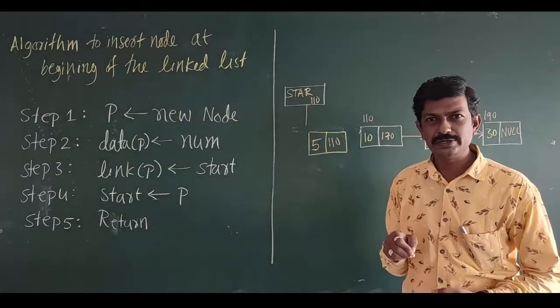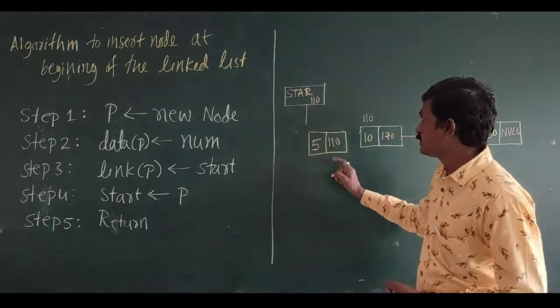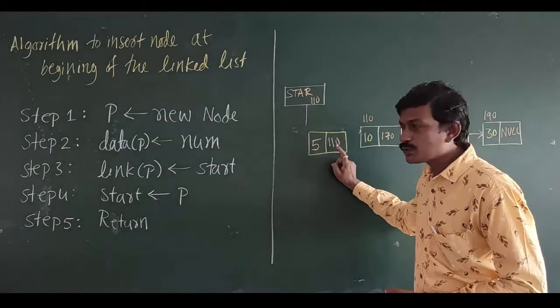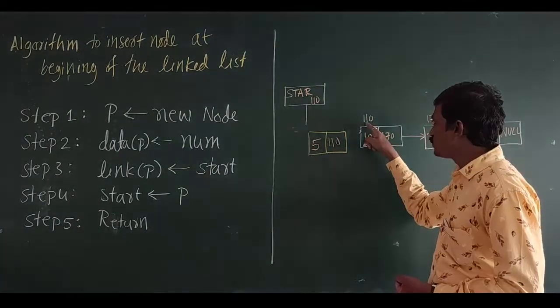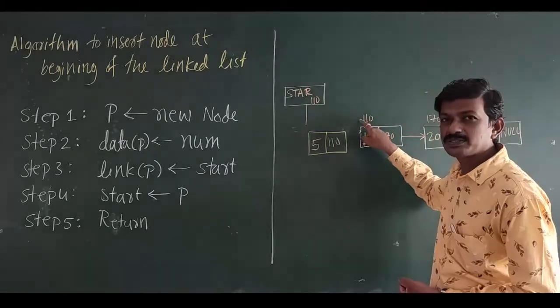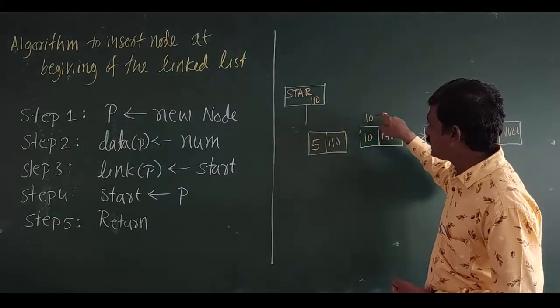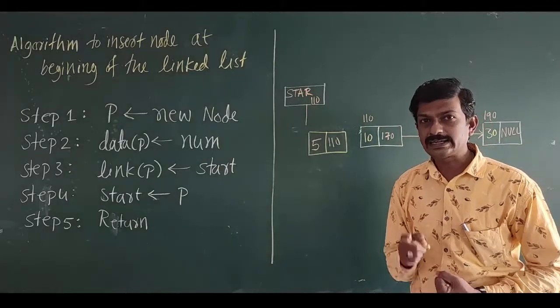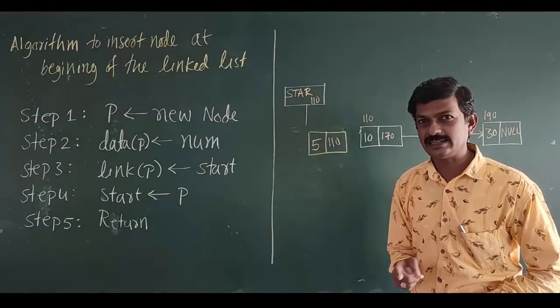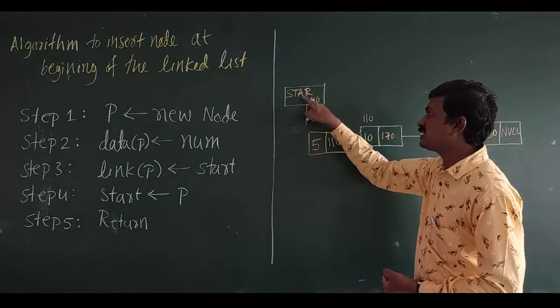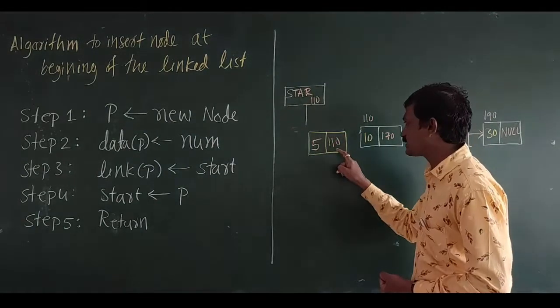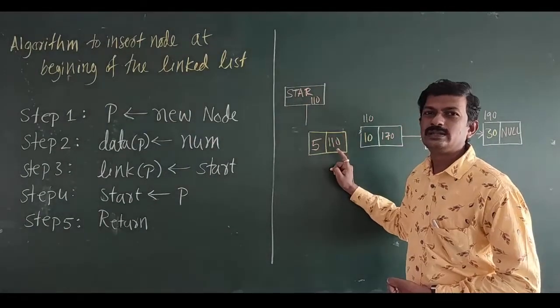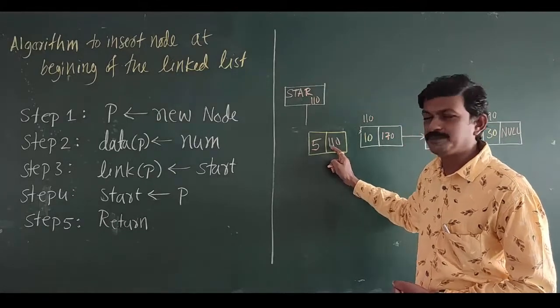Because I am creating a new node, that node should be redirected to its next node. The next node is located at memory location 110, which was earlier stored in the start pointer. So I need to reconstruct that. That's why whatever the content of the start pointer is, it should be assigned to the new node's link pointer.